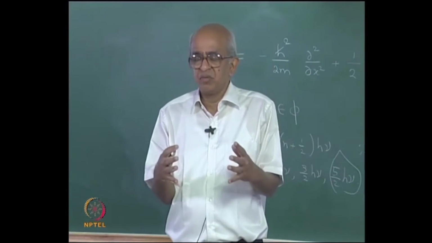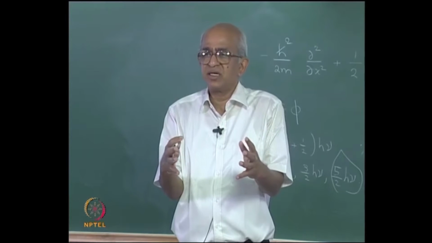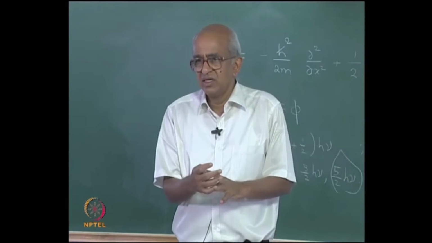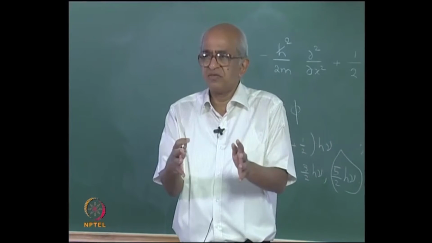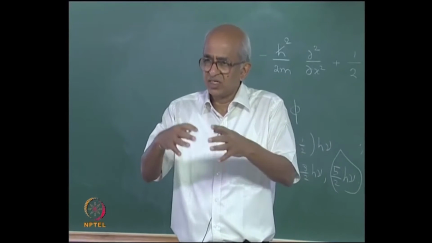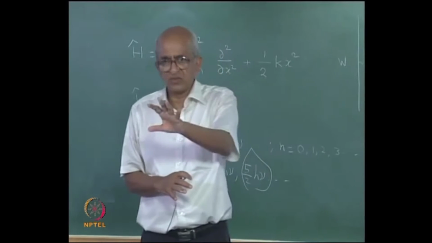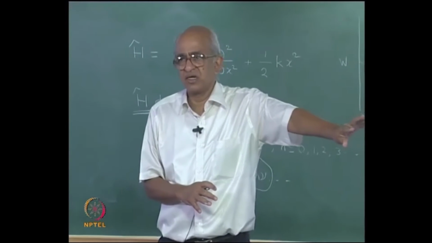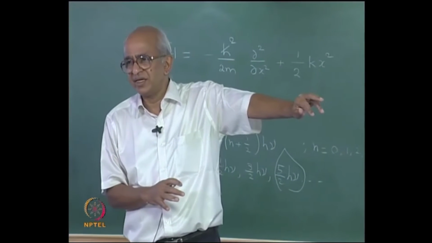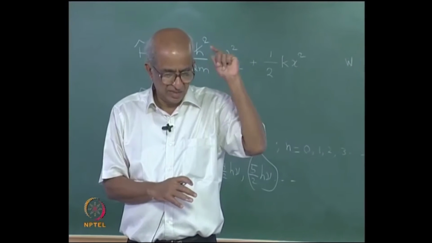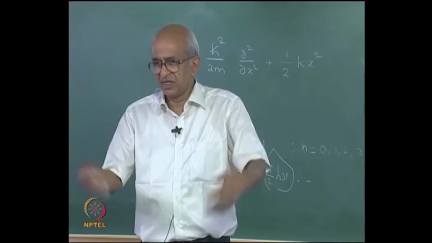If you remember, in the first postulate I said that the state of the system is characterized by its state function, and if you know the state function, it is possible to calculate the probability that the system may be in any region of space. The second postulate said that if you have an observable, then there is an operator associated with it, and that operator has to be linear and Hermitian. Then we also had a prescription for finding the operator.